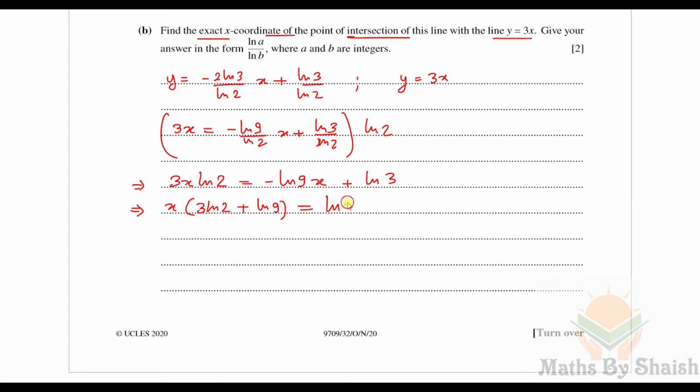We'll use the log property, and it becomes 2 to the power 3, that is 8, and multiplication because it's addition, so it becomes ln (8 times 9), just 72, equals ln 3. So the x coordinate in the exact form is ln 3 over ln 72. We are not required to solve it, where a is 3 and b is 72. So let's do the next question.